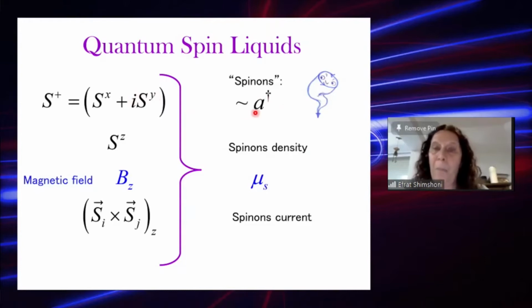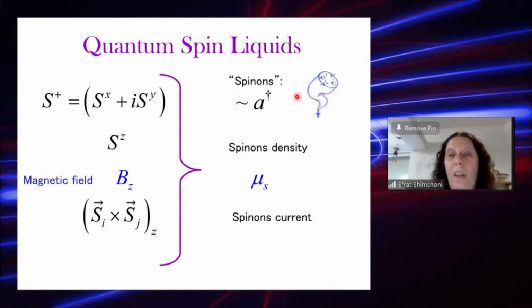And there's some mapping to spinon creation and annihilation operators. This transformation is, by the way, typically highly non-local, so it's not a simple mapping, but it's providing some notion of a quantum particle. And then there is a spin operator S^z, which serves as a density operator for such spinons.